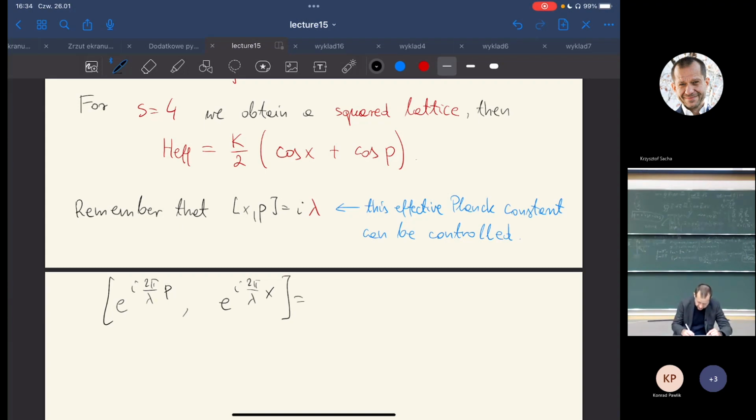This commutator is equal to the following quantity. Looking at this coefficient, we see that it is possible to make it equal 0 when this quantity is equal to an integer number.